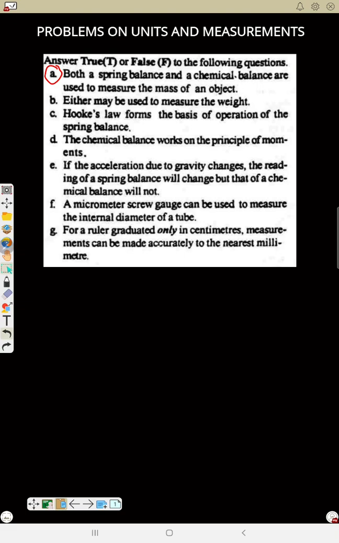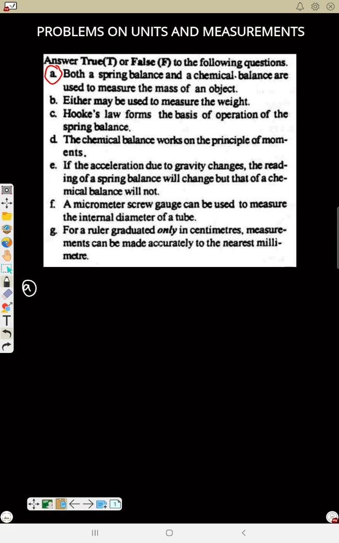As we can see in mass and weight, to measure mass we can use a chemical balance, a beam balance, a lever balance, and a direct reading balance.